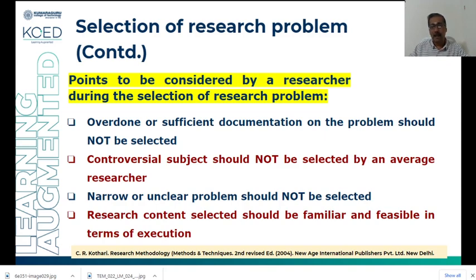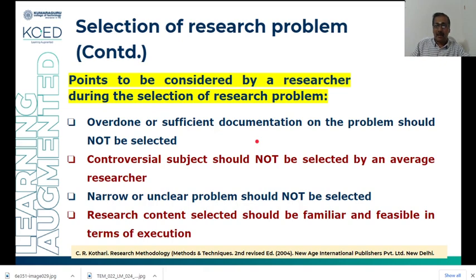These are all common and prevalent. You can expect very good research documentation about the amylase inhibitory effect in these seeds or plants, right? So sufficient documentation is there for the selected problem.